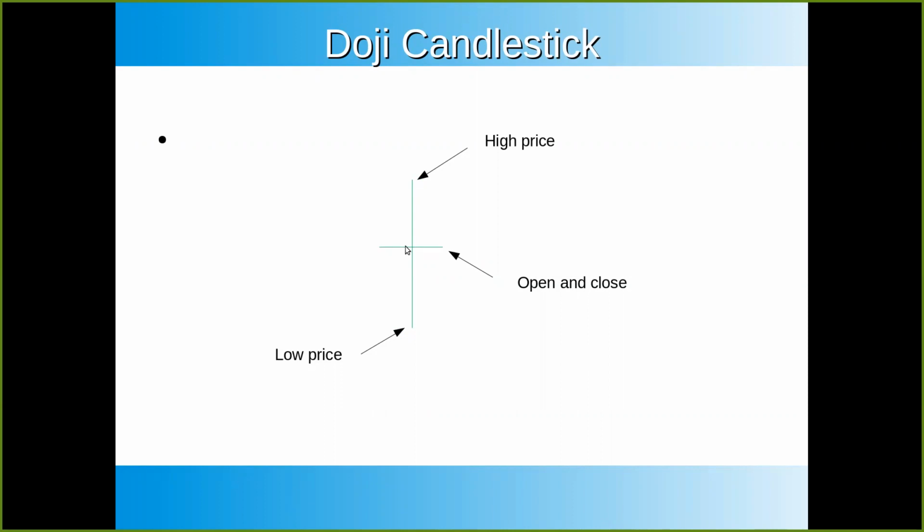But during the course of this session, assuming it was a 1 hour candle, the buyers push the price up to the high here. The sellers push the price down to the low price here. The battle keeps on until the market returns to the original place where it started.